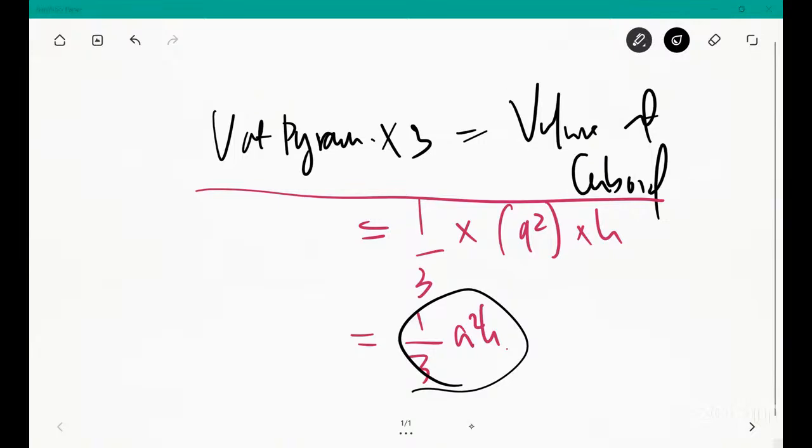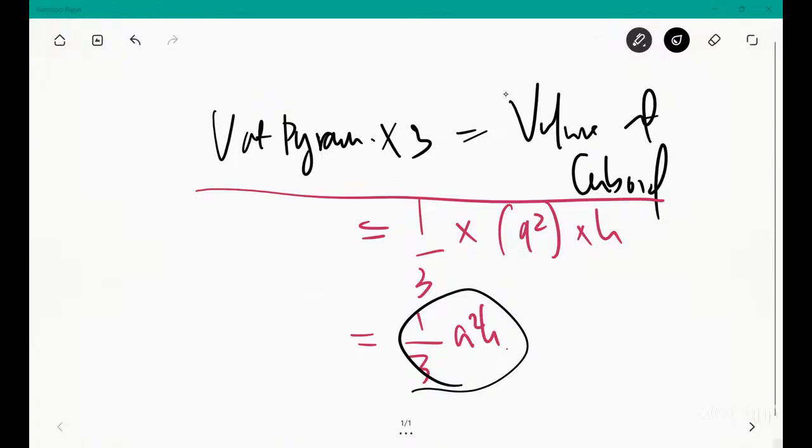Okay. So again here, a squared h. Here the height that you take is the perpendicular height.